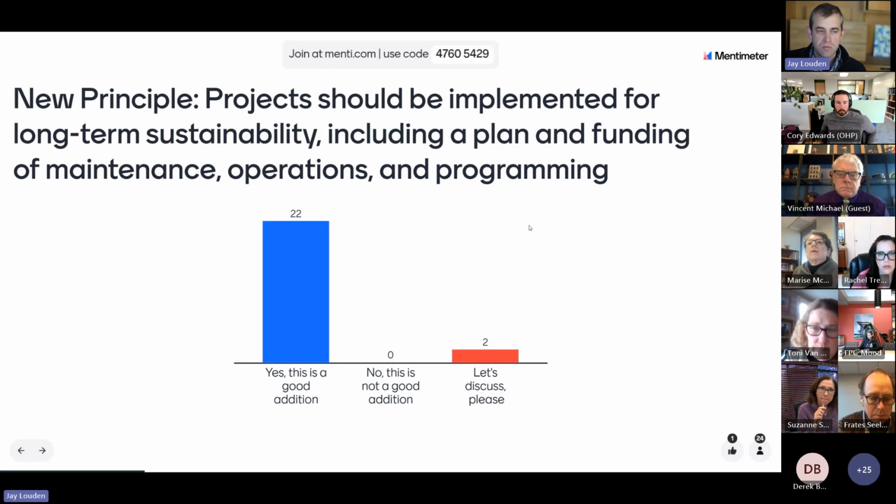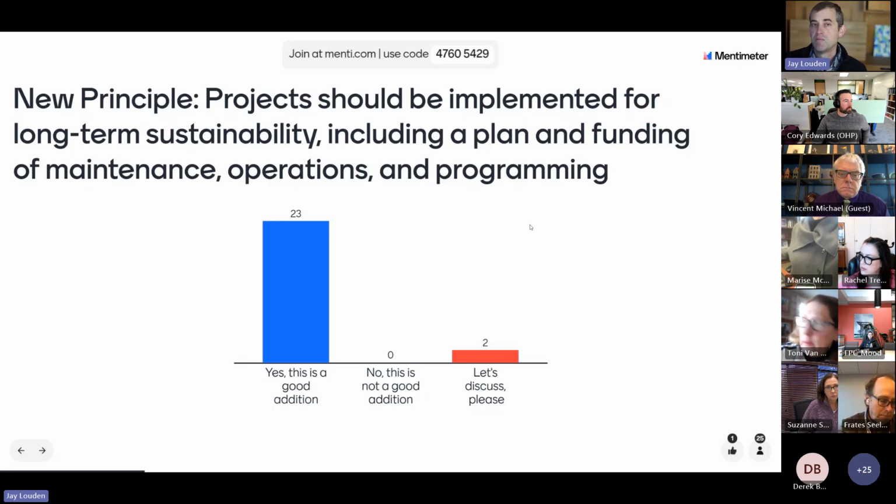Yeah, so while folks continue voting here, to pull back the curtain a little bit on my thinking, and what we've talked about on the project team, there are likely to be two different ways that projects get evaluated. There's this guiding principle layer, which we have established as things that are critical for all projects to do. So if a project can't meet one of our guiding principles, it's probably not a project that needs to move forward.